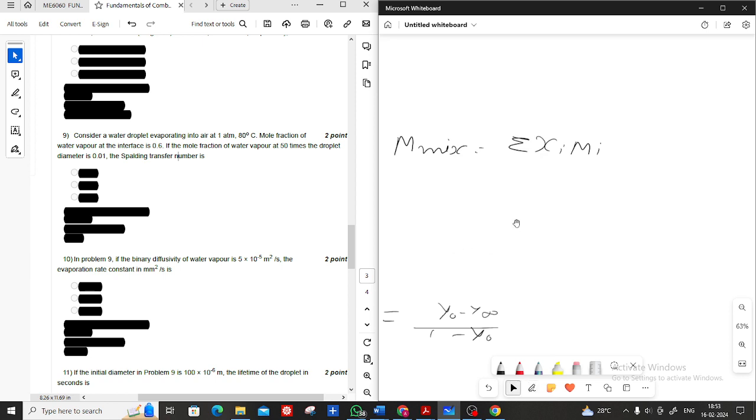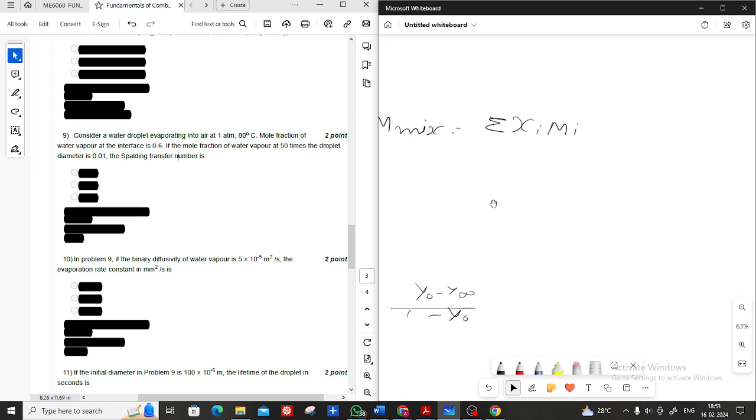0.483. Okay, so we will calculate the mass fraction at the interface. Here they have given the mole fraction at the interface.